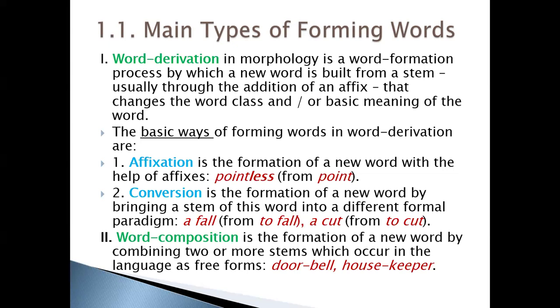Conversion is the formation of new words by bringing a stem of this word into a different formal paradigm. And word composition is the formation of new words by combining two or more stems which occur in the language as free forms. For example, doorbell, housekeeper.